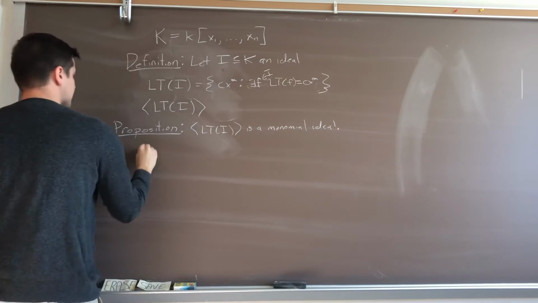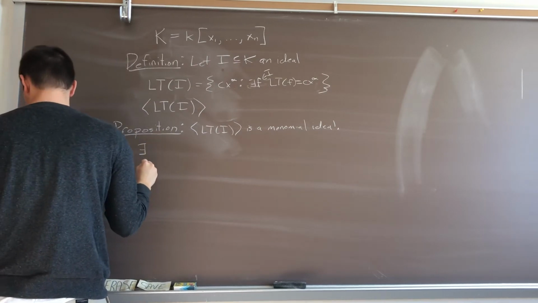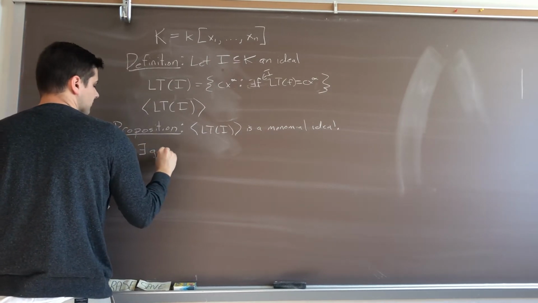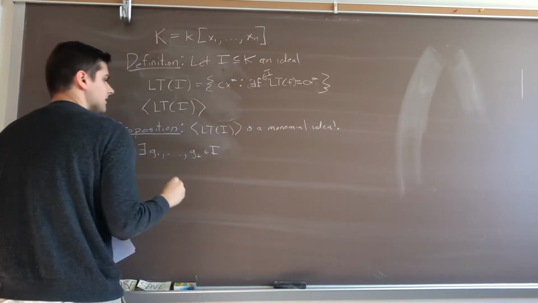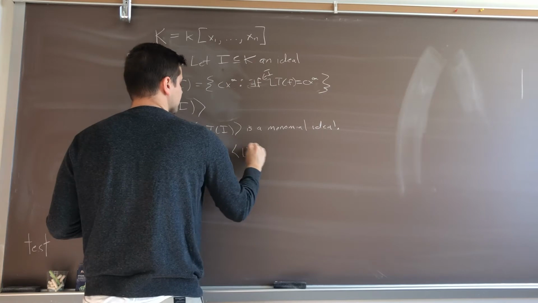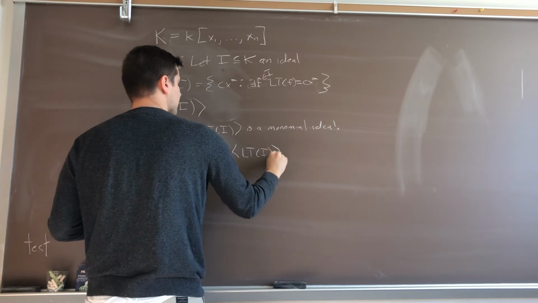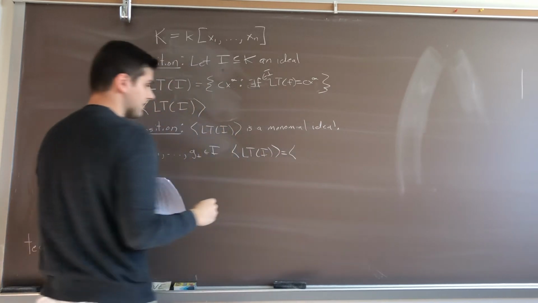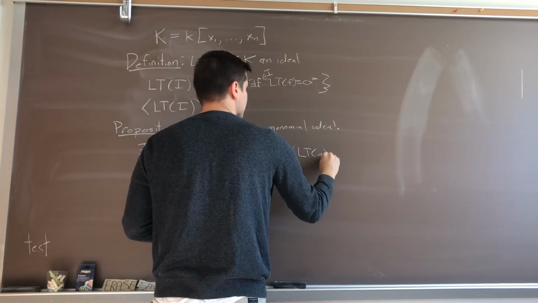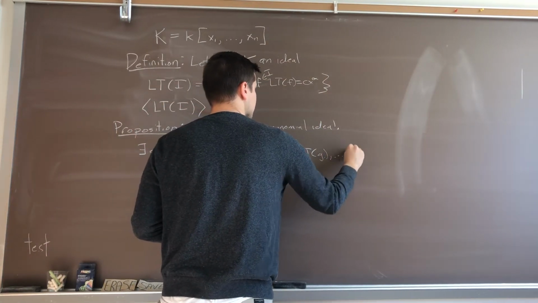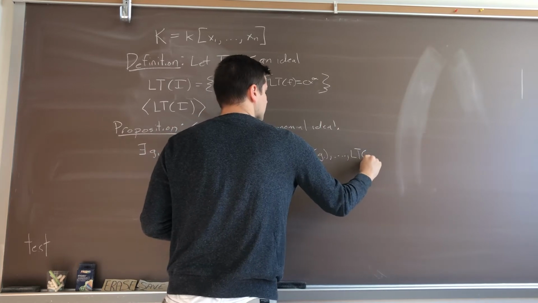And in fact, there exist g1 through gt, all in I, such that the ideal generated by the leading terms of I is equal to the ideal generated by the leading terms of these polynomials: the leading term of g1 all the way through to the leading term of gt.